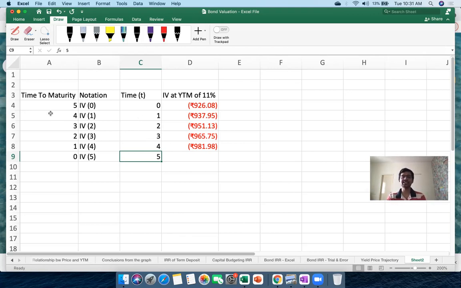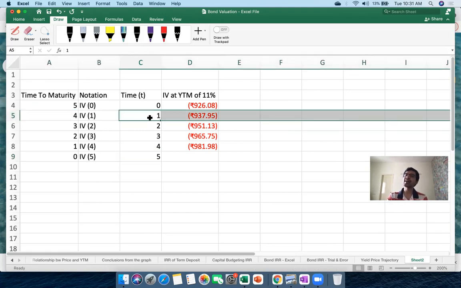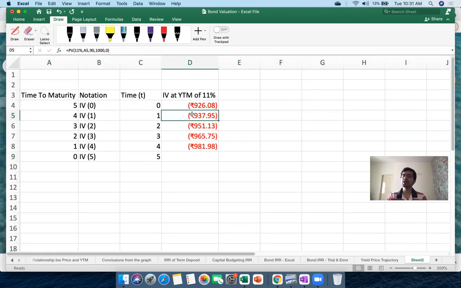If you see, when I calculated IV1, I assumed that the coupon for the first year has actually been received. Then I calculated the intrinsic value after the receipt of the coupon as the present value of all the future benefits, where I took only the next 4 years worth of coupon.